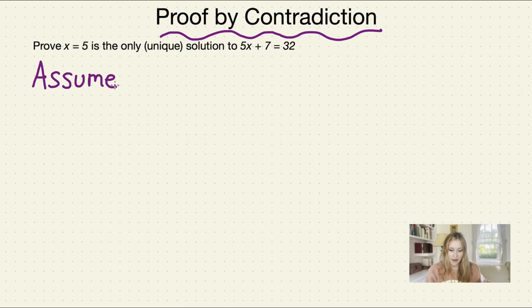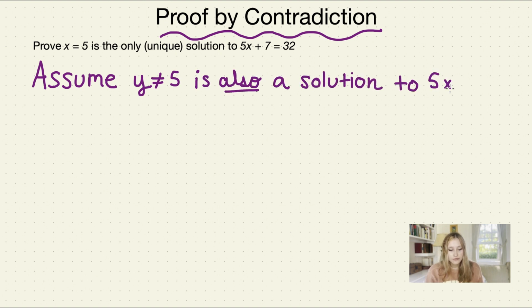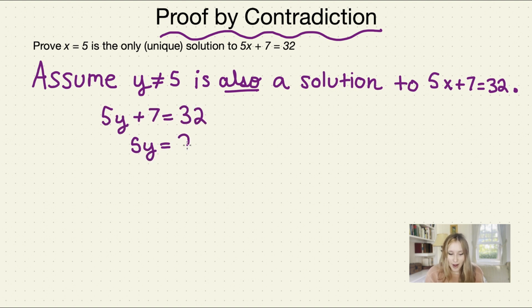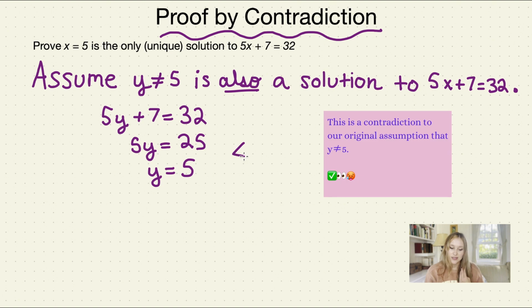Usually when you're trying to prove uniqueness, you will definitely use proof by contradiction. So we're going to assume that y not equal to 5 is also a solution. This is the contradictive statement. Then we work out 5y plus 7 equals 32. We solve it out using algebra, and we get that y equals 5. So that is a contradiction.